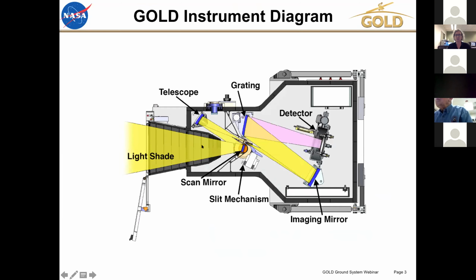The light from the Earth's atmosphere comes in, the light shade hits the scan mirror, reflects off the telescope through the slit mechanism to the imaging mirror, hits the grating where the wavelengths are diffracted so that way the wavelengths we care about, again from the 131 to 160 nanometers, those fall on the detector.